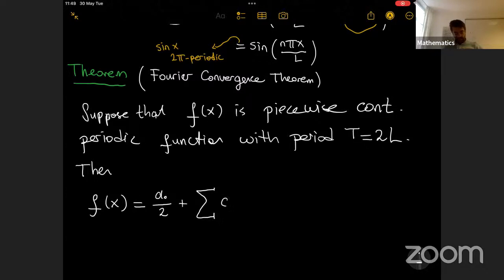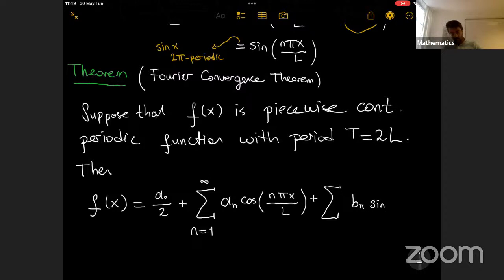Plus the sum of an cosine n pi x over L, n from 1 to infinity, plus the sum of bn sine n pi x over L, n from 1 to infinity again.